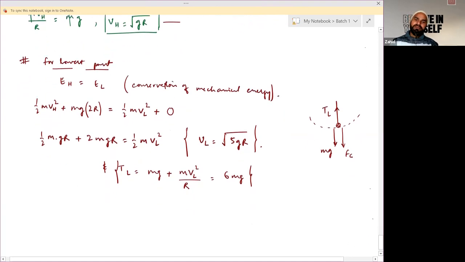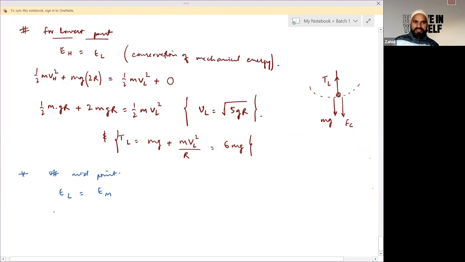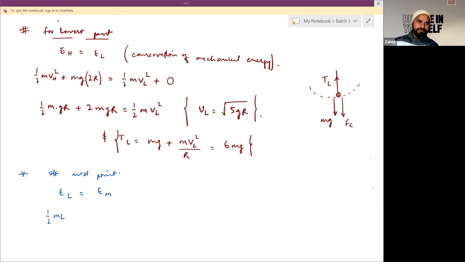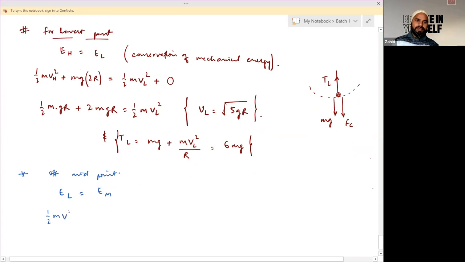Similarly, we may use conservation of energy to find velocity and tension at middle point. So at midpoint, if we relate energy at lowest point and energy at middle point, we have total energy at lowest point as half m v_L squared plus 0 potential energy.